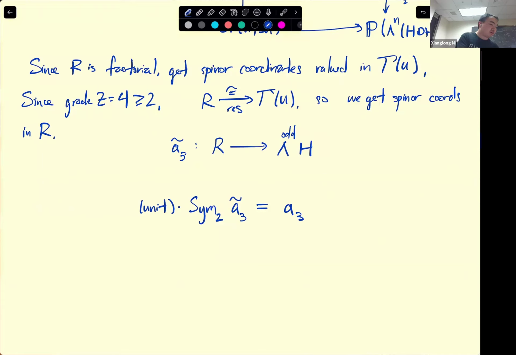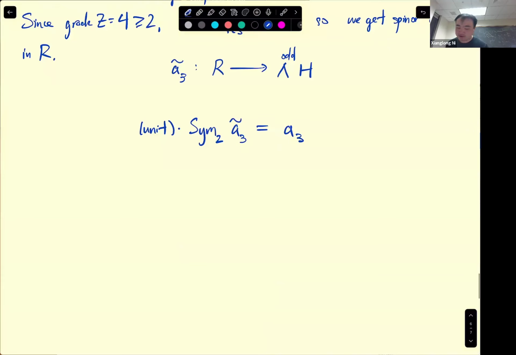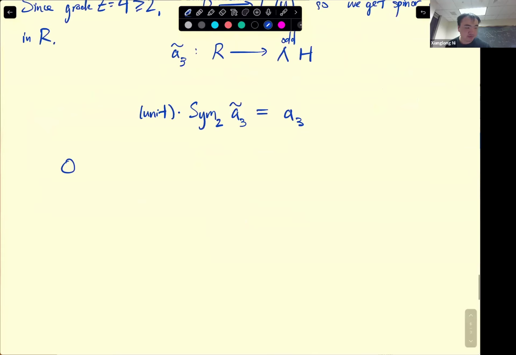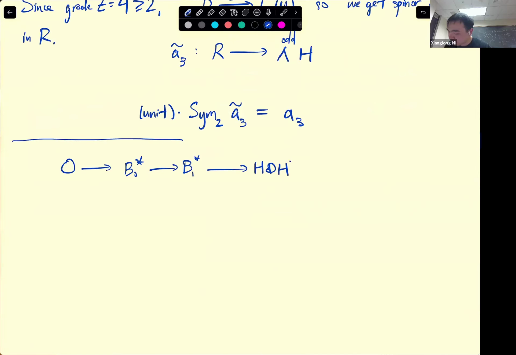Okay, I'm just going to do one more thing, and then we can take the break. I'm going to define one last map. I'll look at my complex here: 0, B1 dual, H plus H dual, B1.